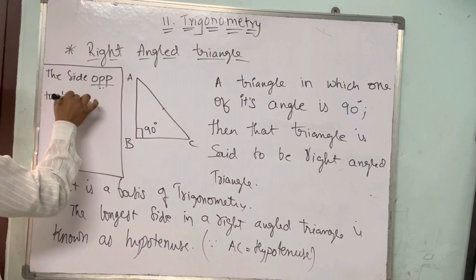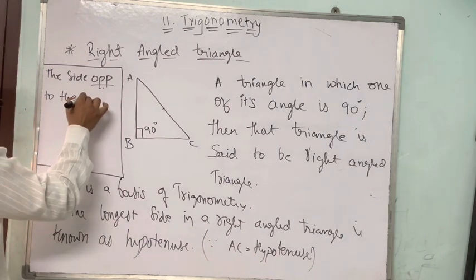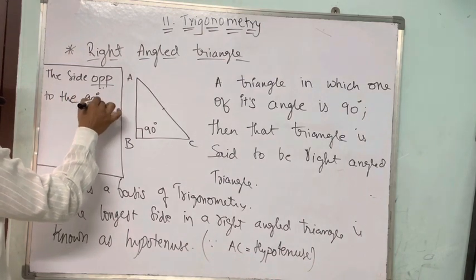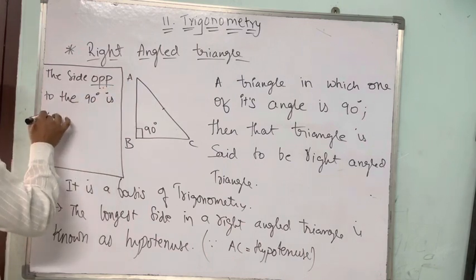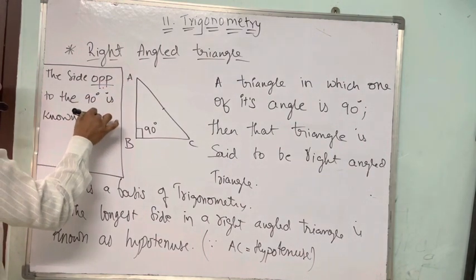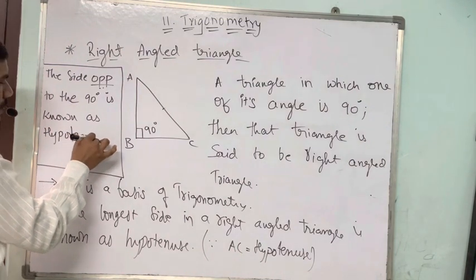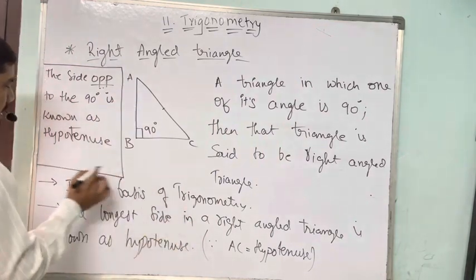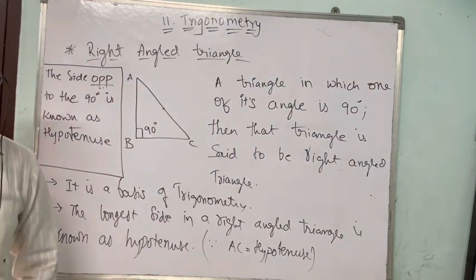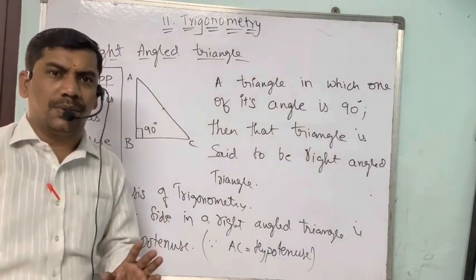The side opposite to the 90-degree angle, or the side opposite to 90 degrees, is known as the hypotenuse. See, this is 90 degrees, the opposite side is AC. That AC is the hypotenuse. Getting the idea, everyone? Right? So hope the right angle triangle is clear to you.